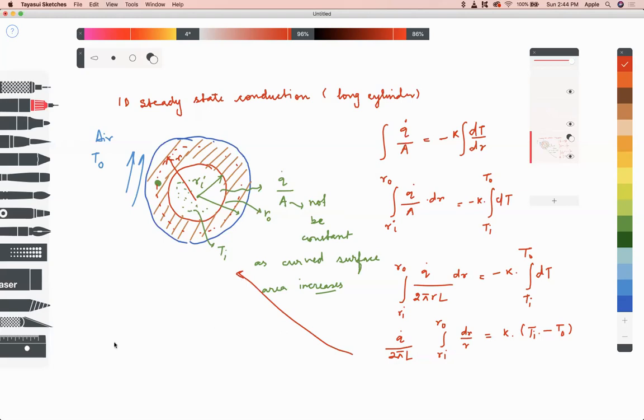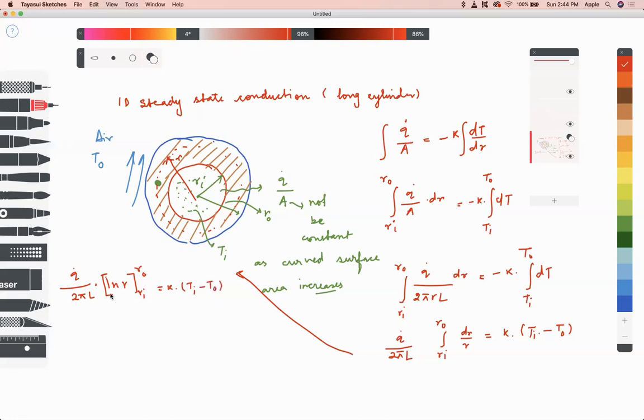Now from here this will be Q dot by 2 pi L, and integral of 1 by r dr is ln r, and this will be from Ri to R naught, and this will be K into Ti minus T naught.